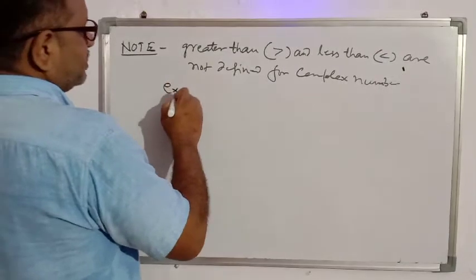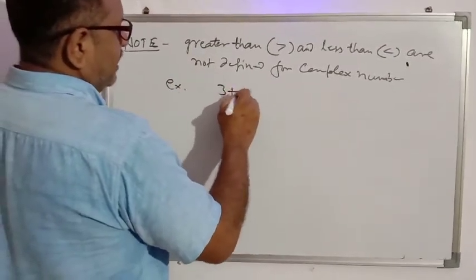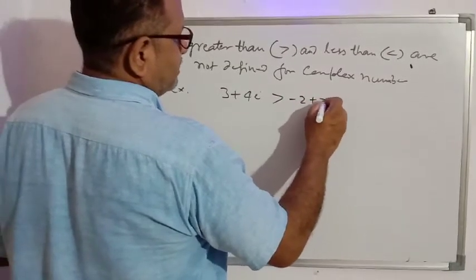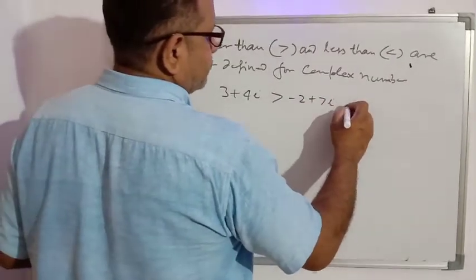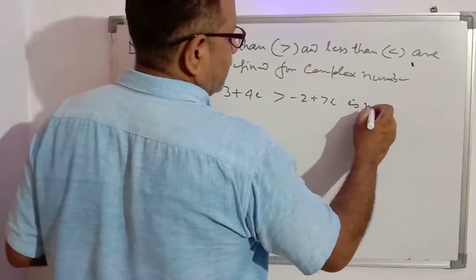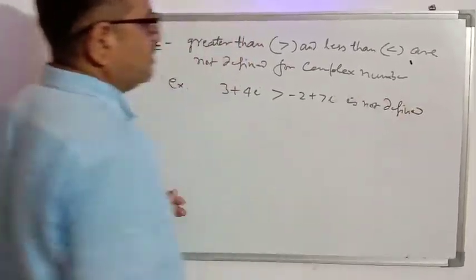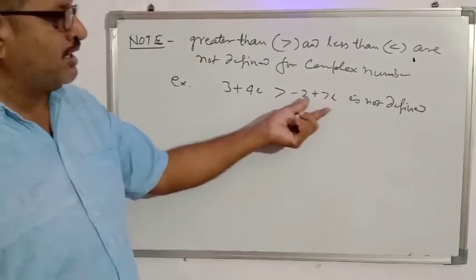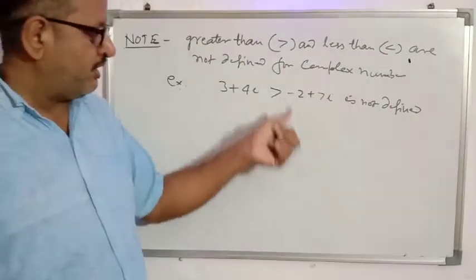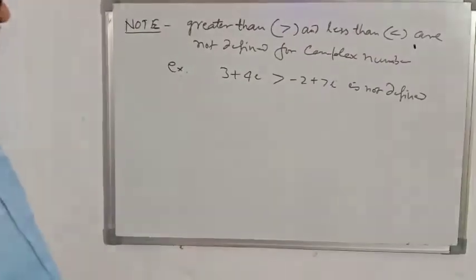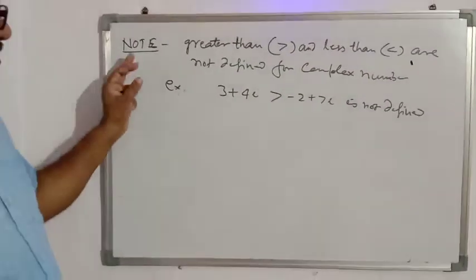For example, 3 plus 4i greater than minus 2 plus 7i is not defined, it is meaningless. One complex number greater than or less than another complex number is not defined. So you should note it.